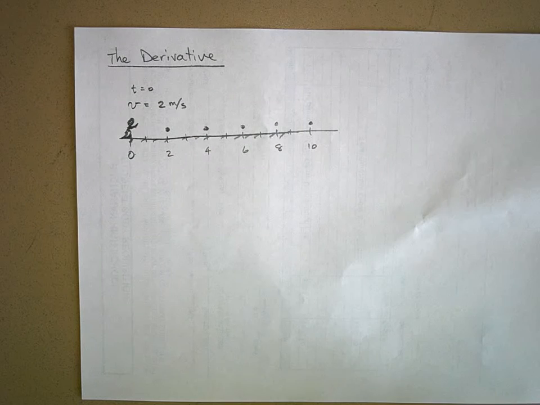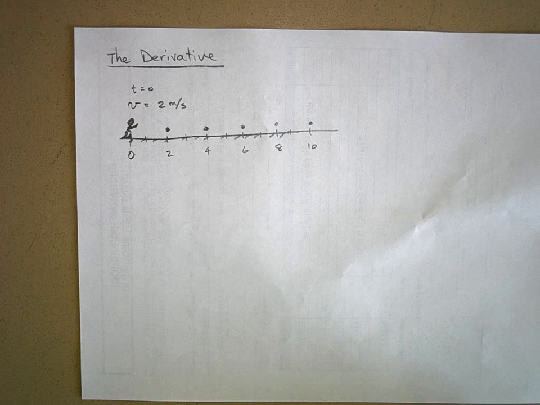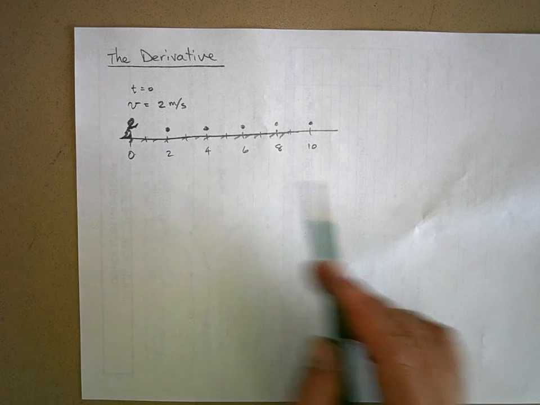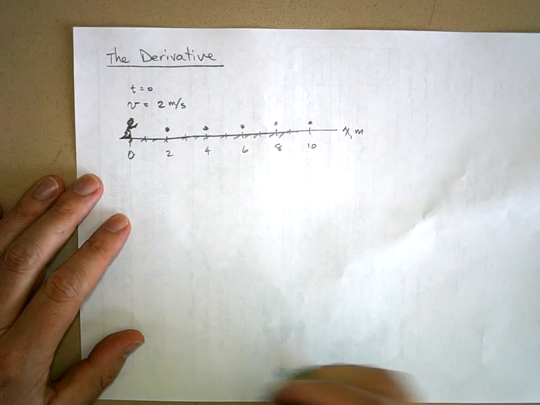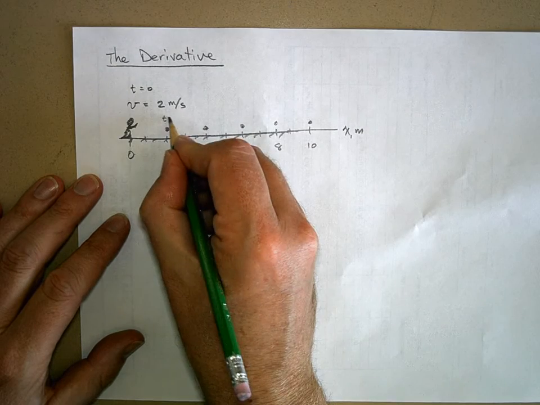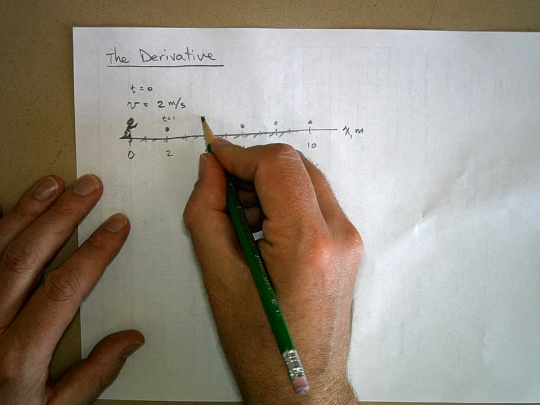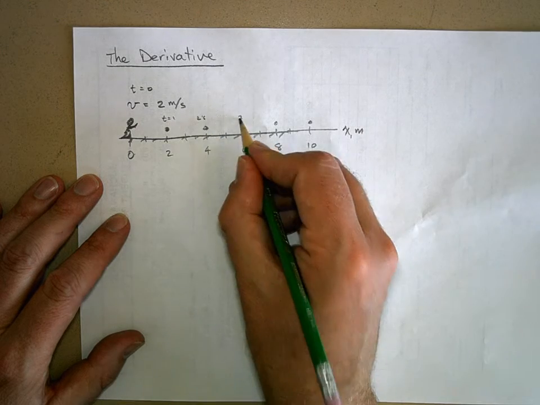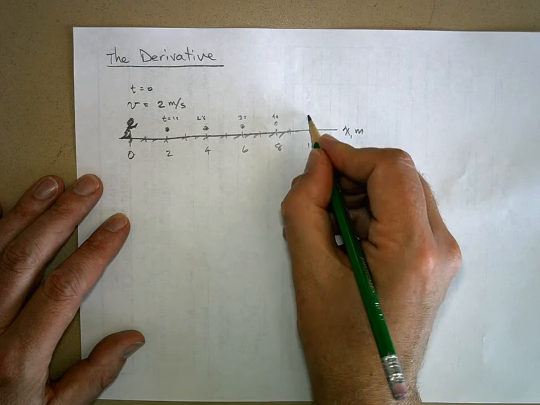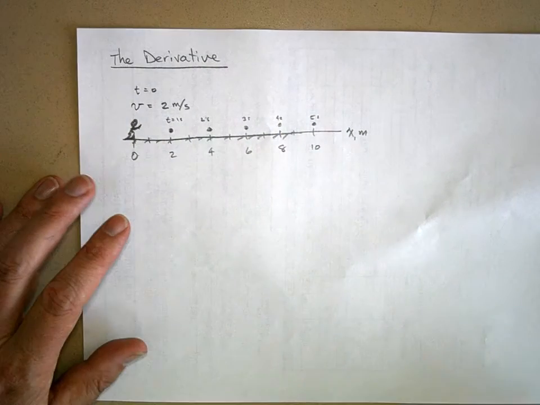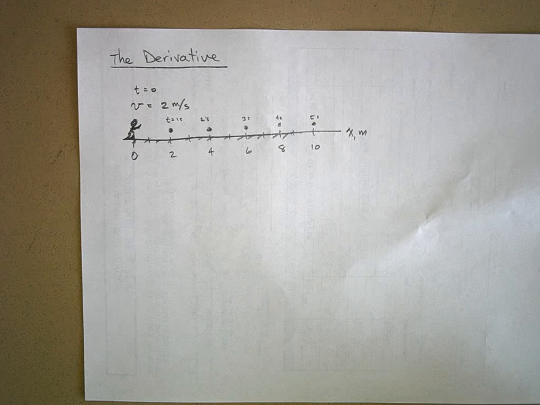Okay, and so this is where the person is. So we're going to call this x in meters, and this will be t equals 1 second, 2 seconds, 3 seconds, 4 seconds, 5 seconds. Let's do it for 5 seconds. And then, of course, in physics, we always overanalyze the obvious, right?